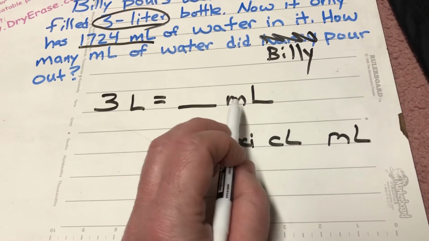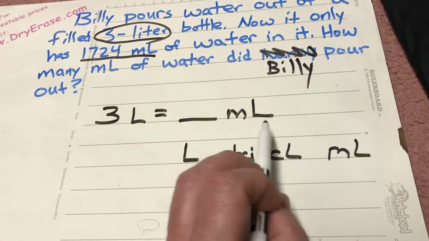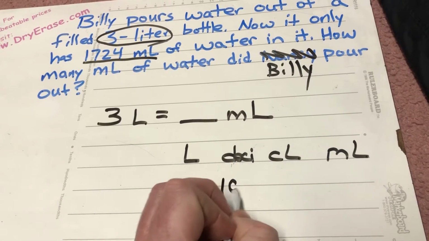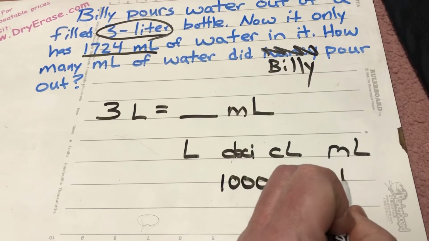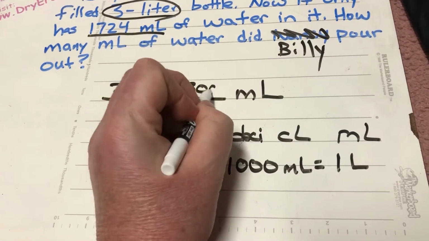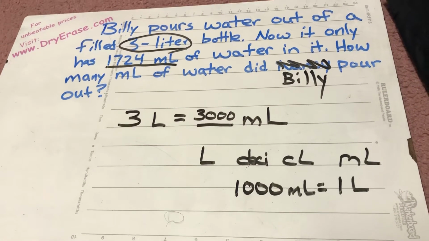So my measurement is getting smaller, my number is getting bigger. I'm multiplying. And since 1,000 milliliters equals 1 liter, I'm multiplying by 1,000. So that tells me that 3 liters equals 3,000 milliliters.